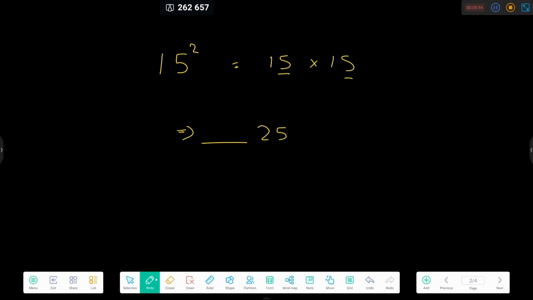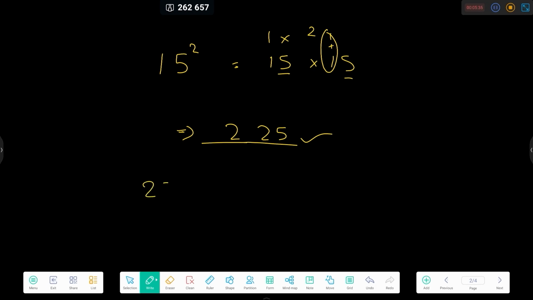Now the tens digit, 1, into the other number added by a 1. So 1 plus 1, which is 2. So 1 into 2 is 2. So your answer is 225. 15 square is 225.